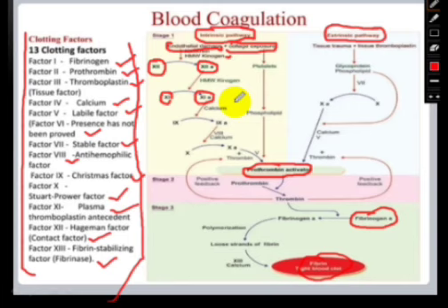The activation of factor 11 will in turn convert inactive factor 9 to an active factor 9, mediated by calcium. Calcium is factor what? 4. Brilliant.